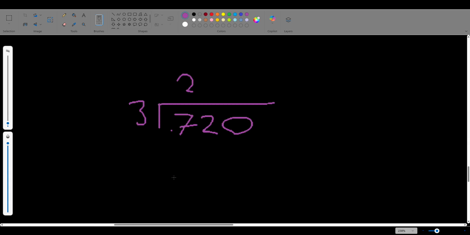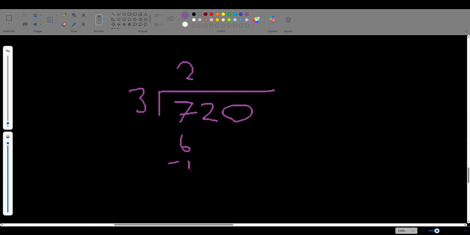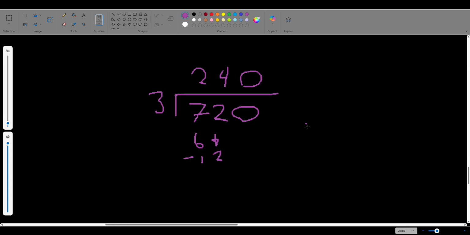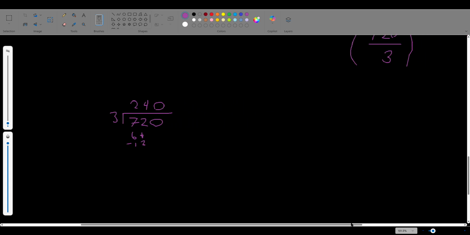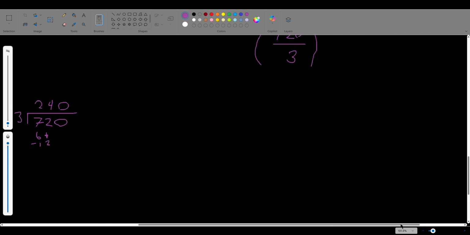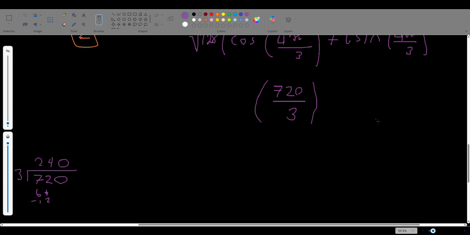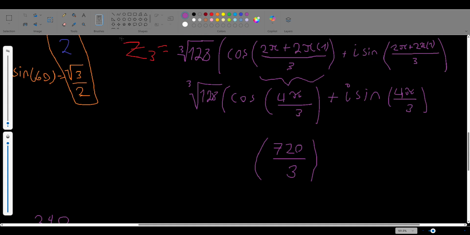That's 2 times 3, 6, 1. Bring down my 2, 4. The answer is 240. I'm going to check that on my calculator. I cannot make a mistake when I'm teaching. 1 second, guys. 720 divided by 3. Yeah, 240. And now this is an excellent example because this is going to get a little bit weird, okay?